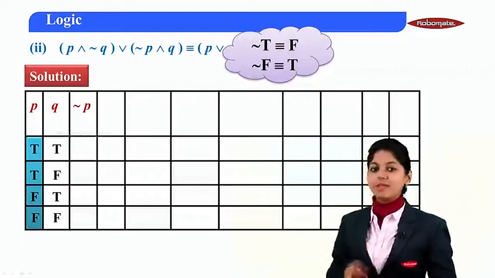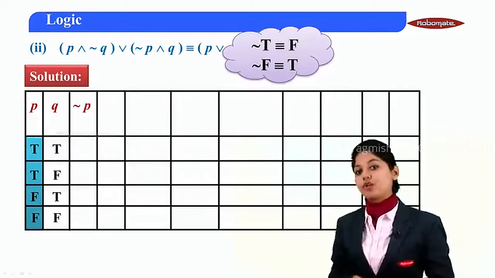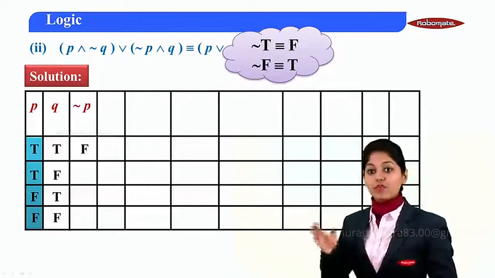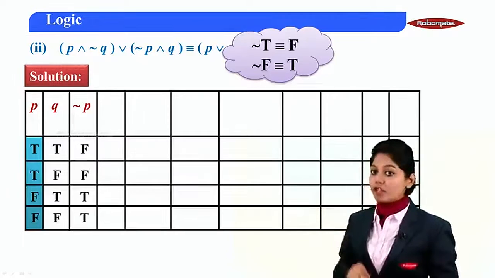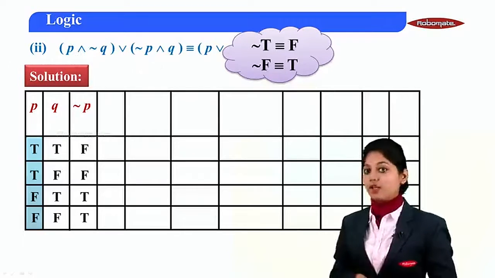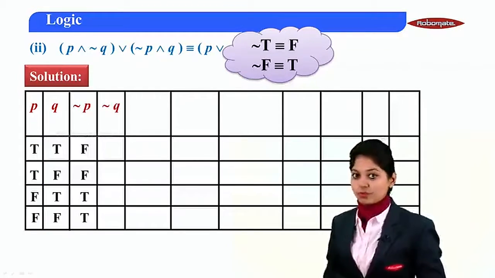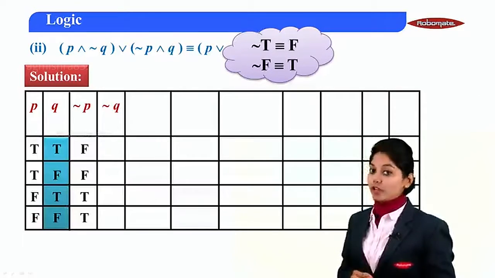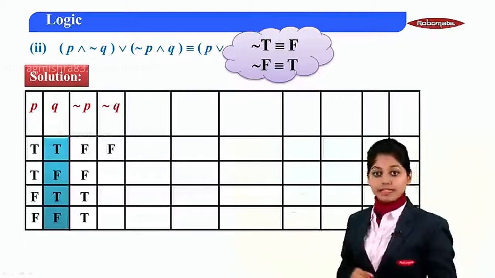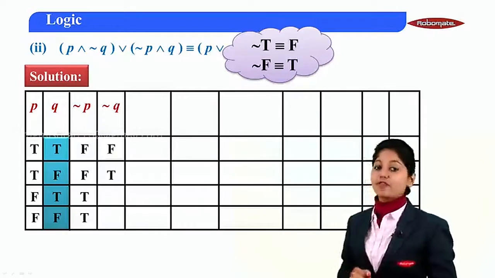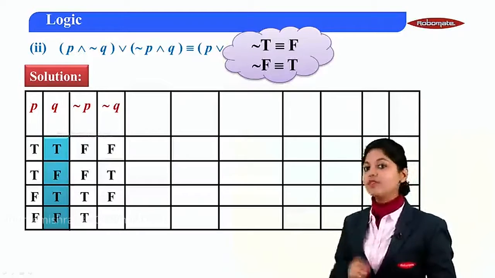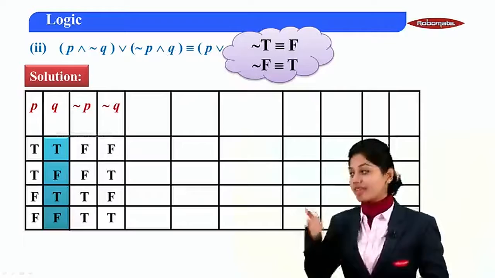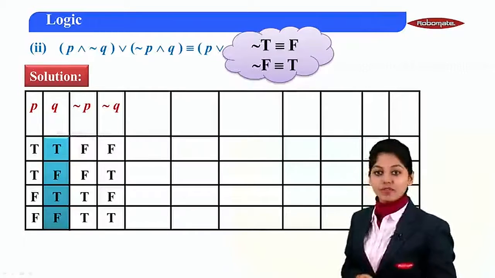Negation P, that simply means you have to find negation of the first column, that is negation of truth values of P. That is for true you will write false, while for false you will write true. Then you have to go for negation Q. Negation Q, that means you have to find negation of truth values of column Q. That is for true you will write false and for false you will write true. The same will do for the next one also.